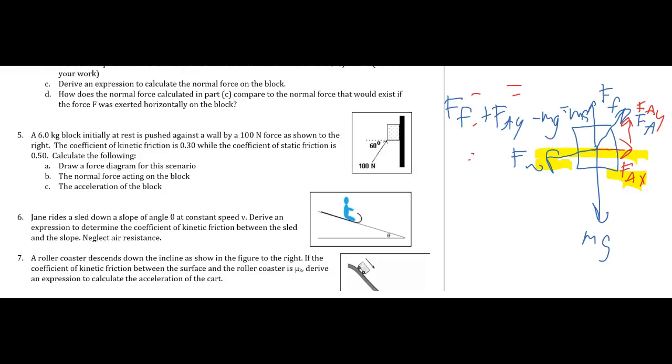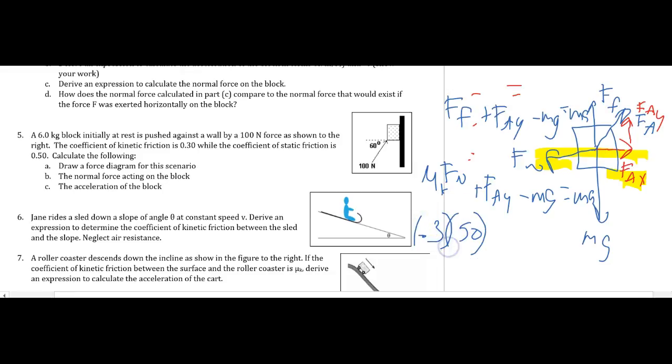So force of friction, we went farther on this and we said this is mu kinetic Fn, plus Fay minus mg equals ma. So now we can plug numbers in. So here we can do 0.3 times Fn, which we said was 50, plus Fay, which we said was 87.